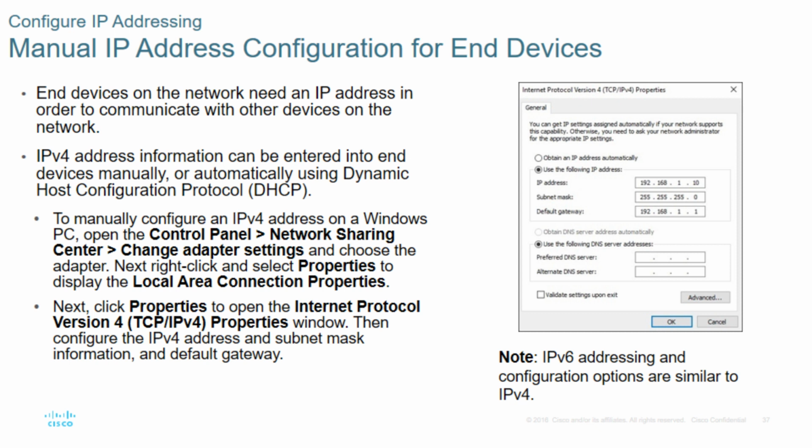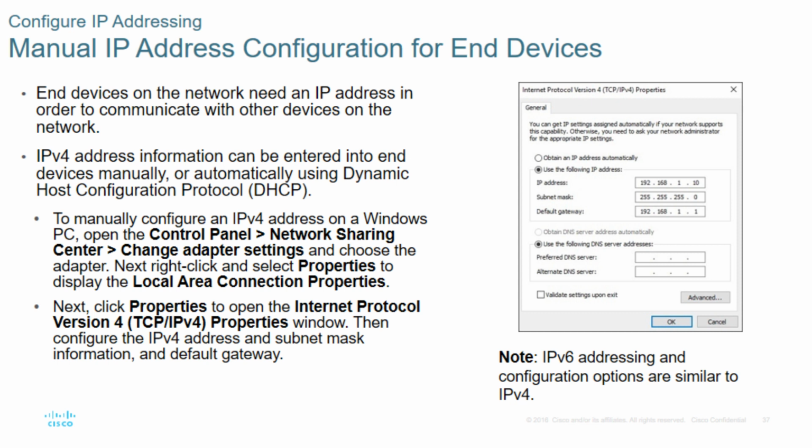So in this topic you will implement basic connectivity by configuring IP addressing on switches and PCs. IPv4 address information can be entered into end devices manually or automatically using Dynamic Host Configuration Protocol, DHCP.